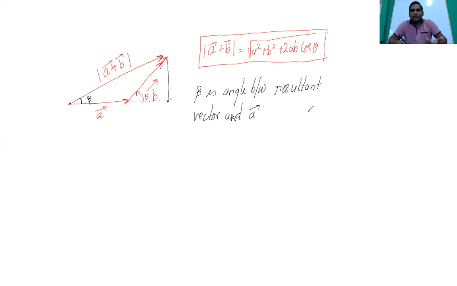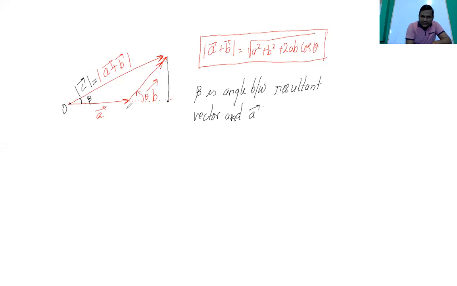If you want to calculate the angle of the resultant, the resultant is A vector plus B vector, which we can also write as the C vector. So we can write beta like this.